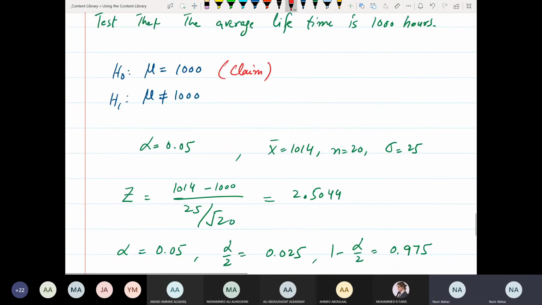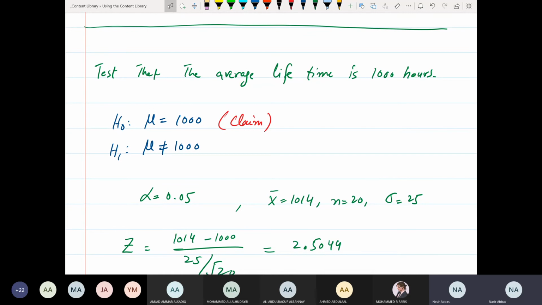Once you have rejected, go back here. When you reject H0, that means this hypothesis is true. That means your claim is not true. You are going with H1.